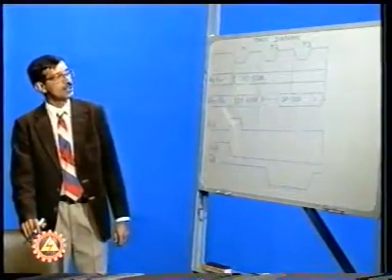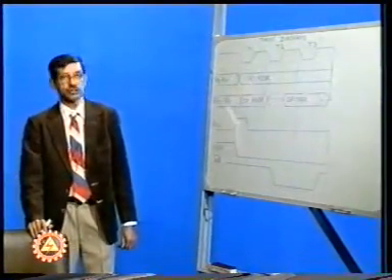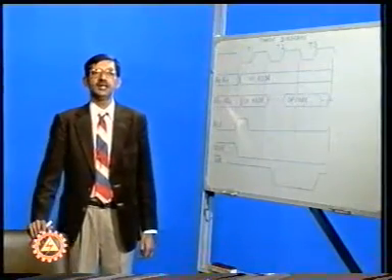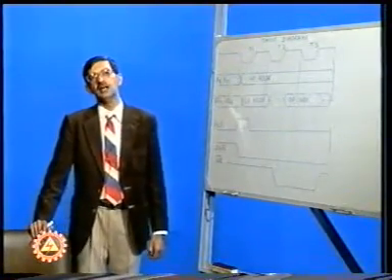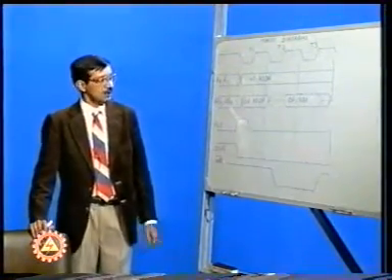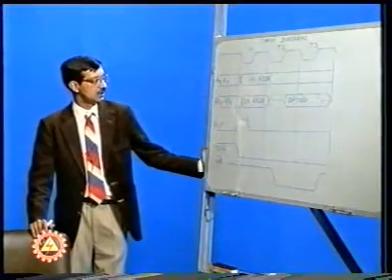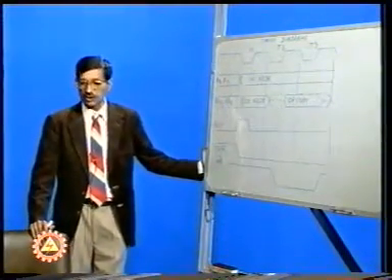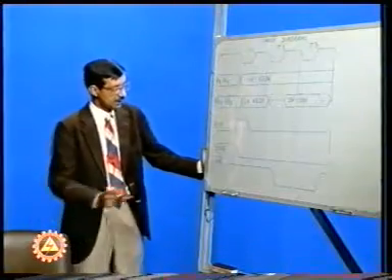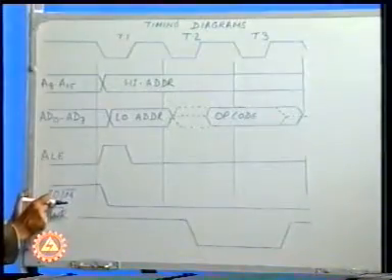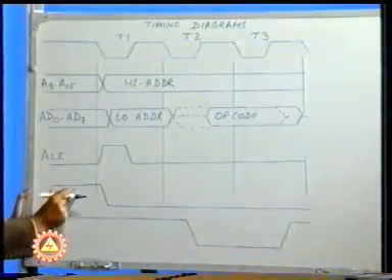The next machine cycles which are of importance to us are the IO read and IO write. The basic difference between the timing diagram as far as IO read and memory read is concerned is that in the case of memory, we had IO/M bar going low.